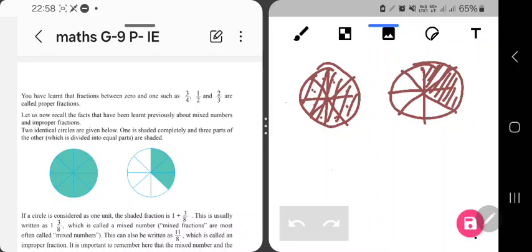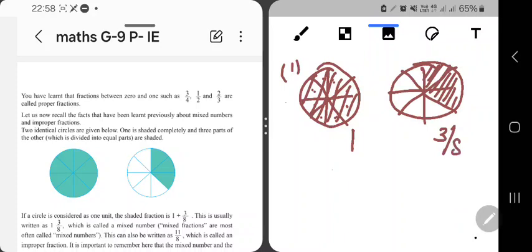So how do we represent the shaded area, considering one circle as one unit? The way we write it is, now you have 1 here, and in this section, 3 out of 8 is shaded.